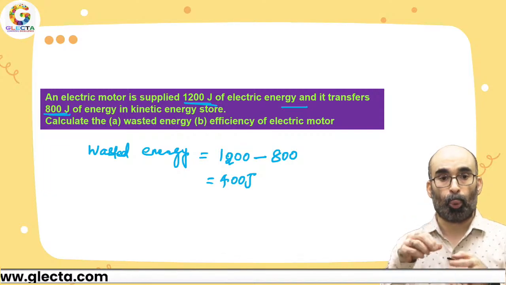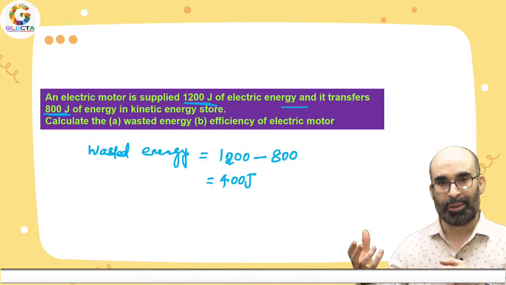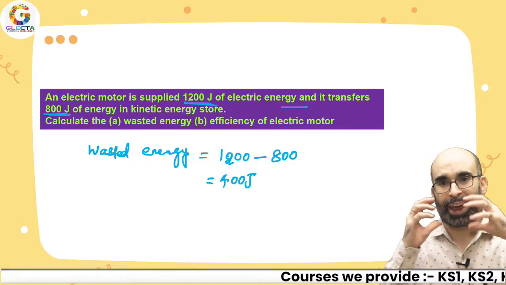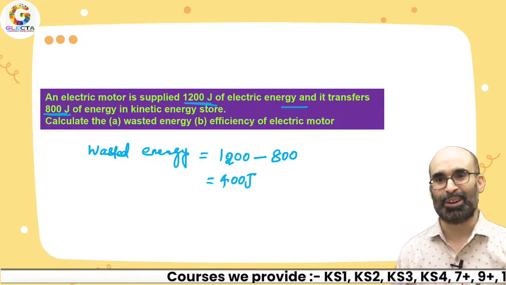Now the question arises, where does this 400 joules go? It goes to heat and sound energy, right?